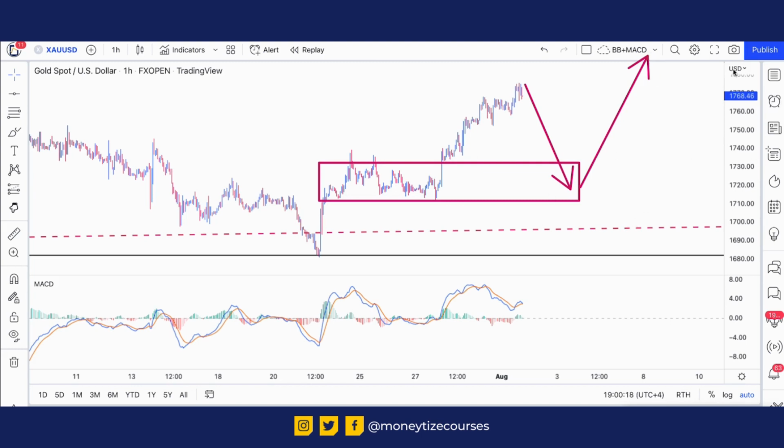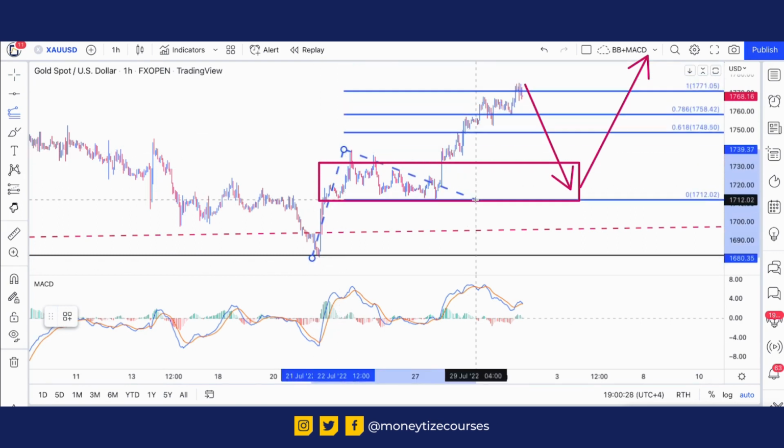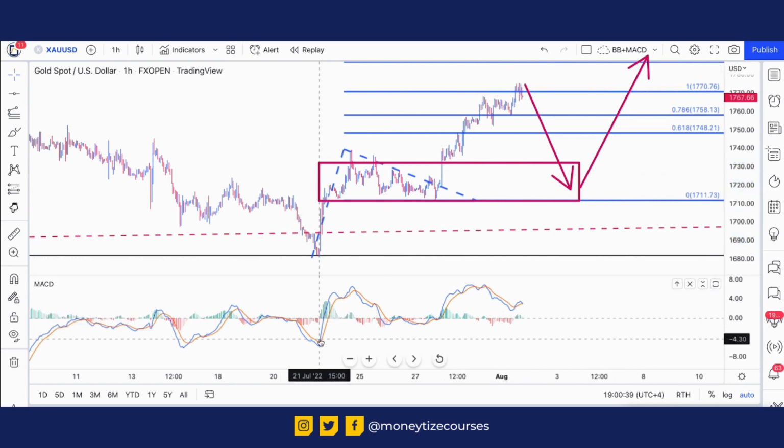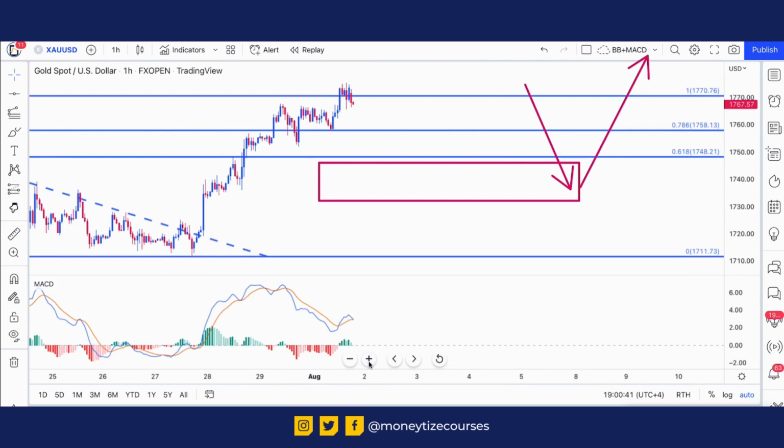And if you plot your fib extension tool on the current 1 hourly cycle, which has started from here, it has reached exactly to fib extension 100% level, which is around 1770. So it just pushed a bit higher from 1770, made a fake high, but it could not sustain above 1770, and now it's moving downwards.